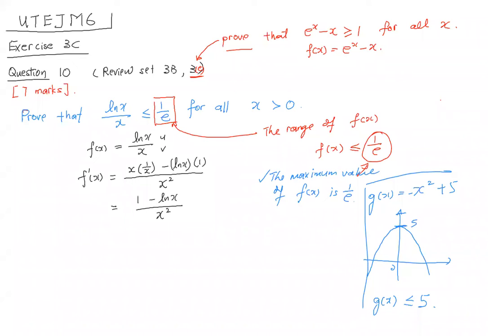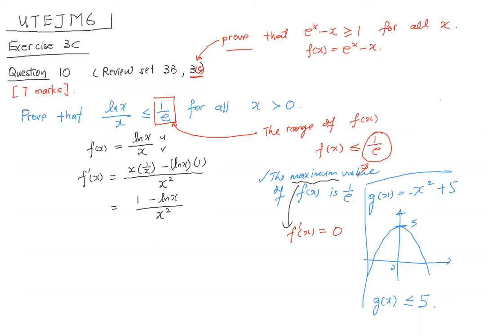Because when we talk about maximum and minimum, in our mind f prime x must be equal to 0 in order to know the maximum or minimum situation, because the rate of change at the maximum and minimum situation of a given function is 0.